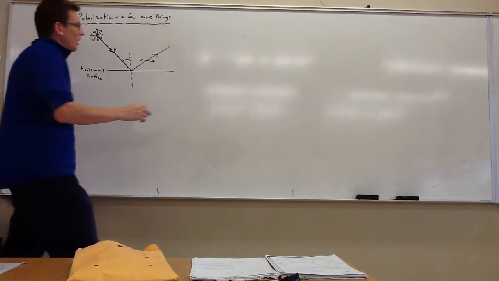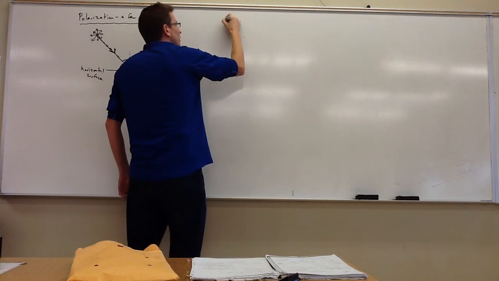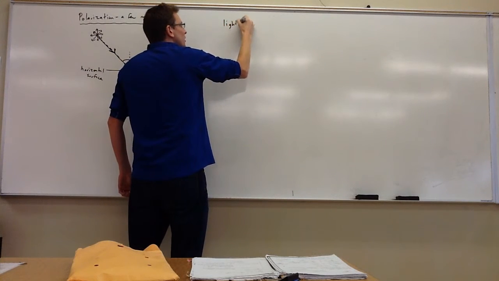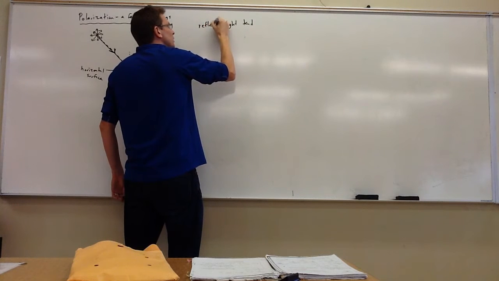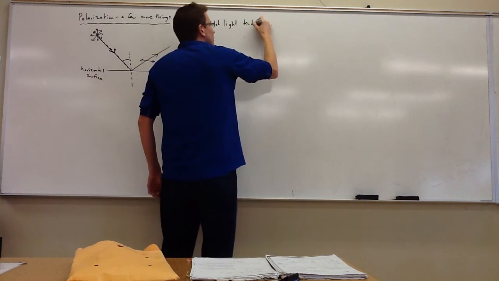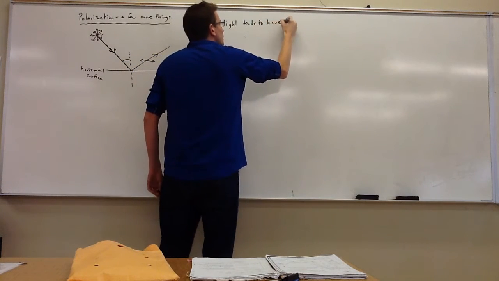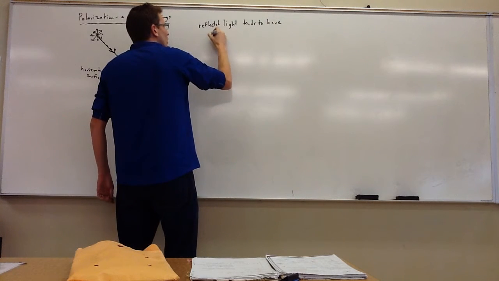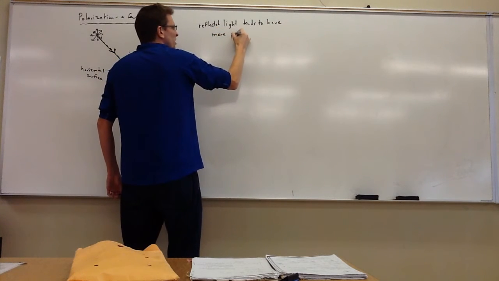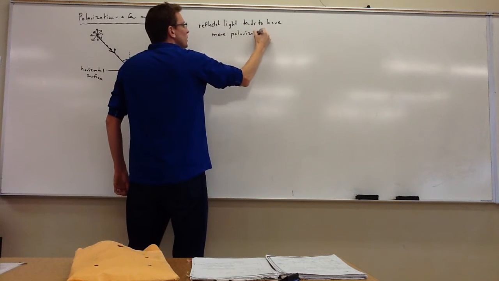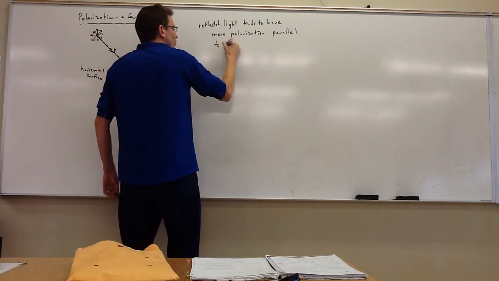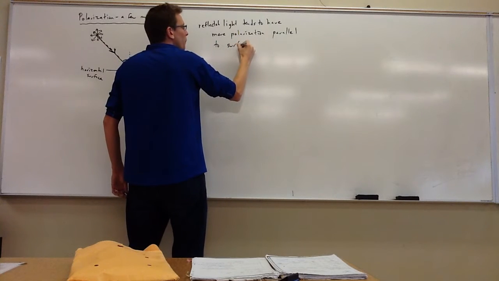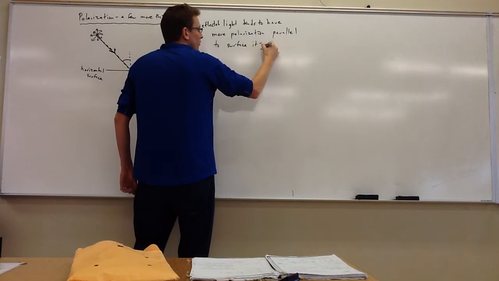So light tends, so reflected light tends to have more polarization that is parallel to the surface it just reflected off.